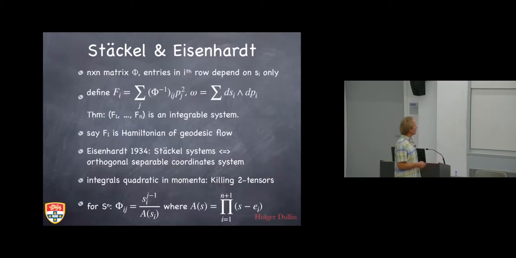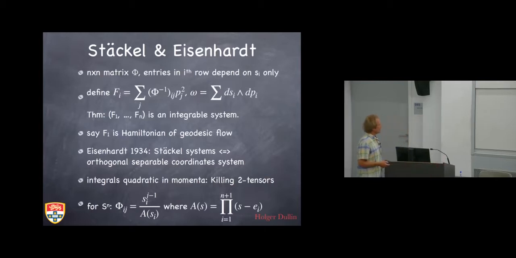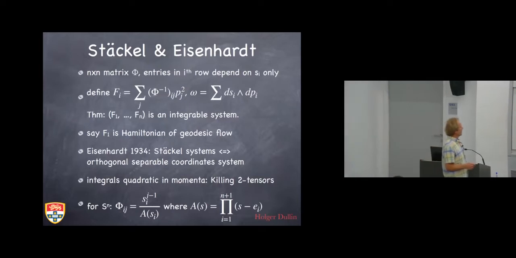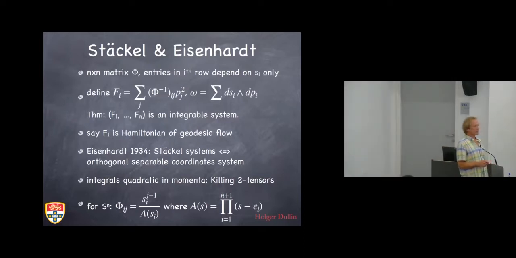Before we come to that, a little digression, I guess, to Steckel. So Steckel says that if you choose any n by n matrix where the entries in the ith row depend on the ith variable only, and then define the following functions, fi, which are, take the inverse of this matrix and pick out the ij element, sum over j here times pj squared, you get n quadratic integrals, quadratic in p, right, in momenta.